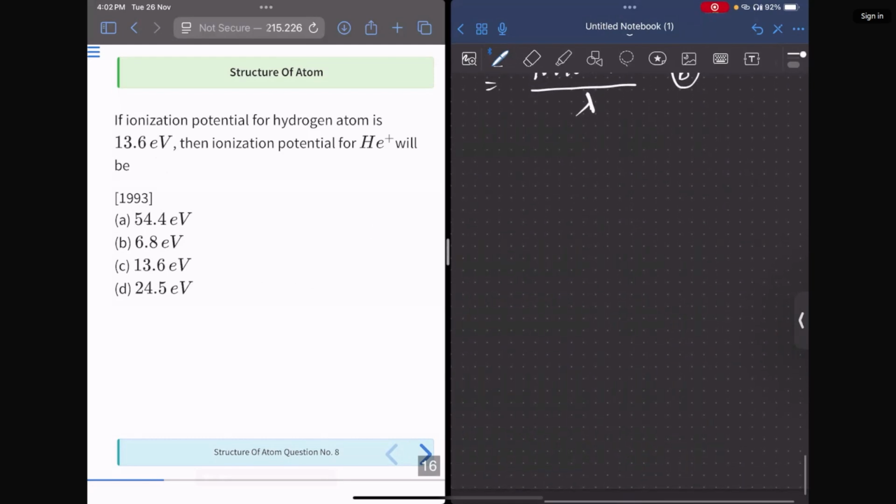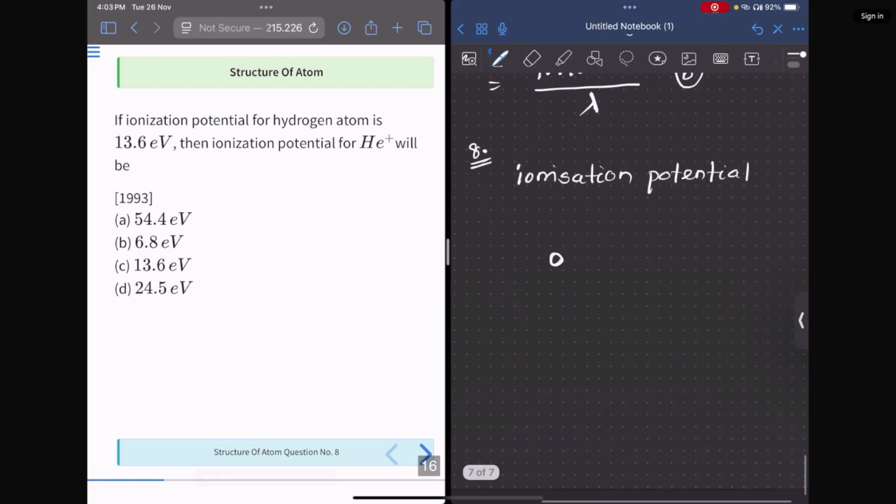Question number 8. If ionization potential for hydrogen atom is 13.6 electron volt, then ionization potential for helium plus ion will be. What is ionization potential?